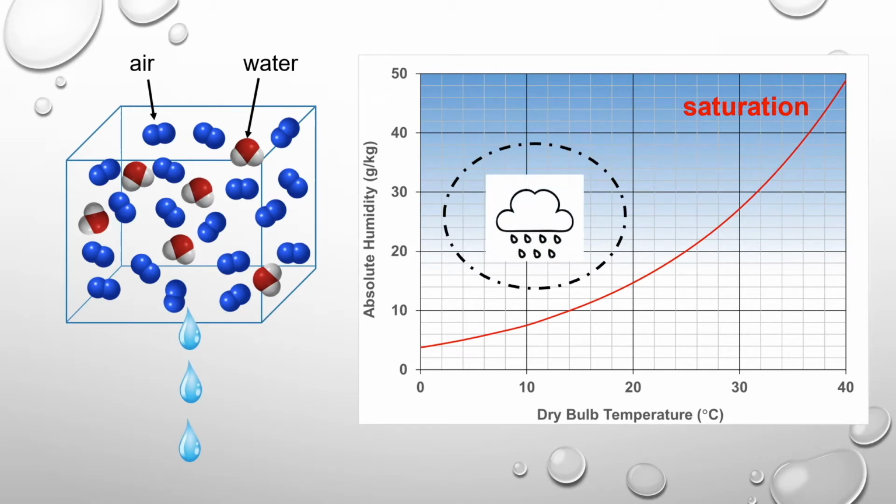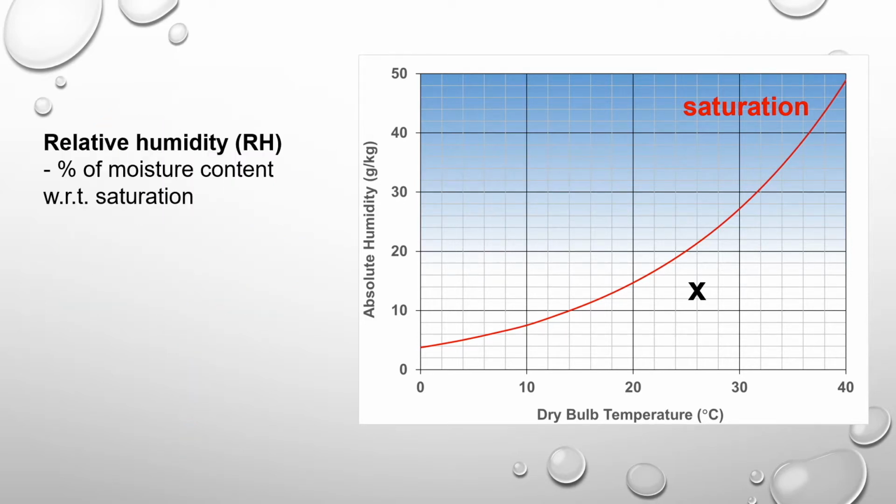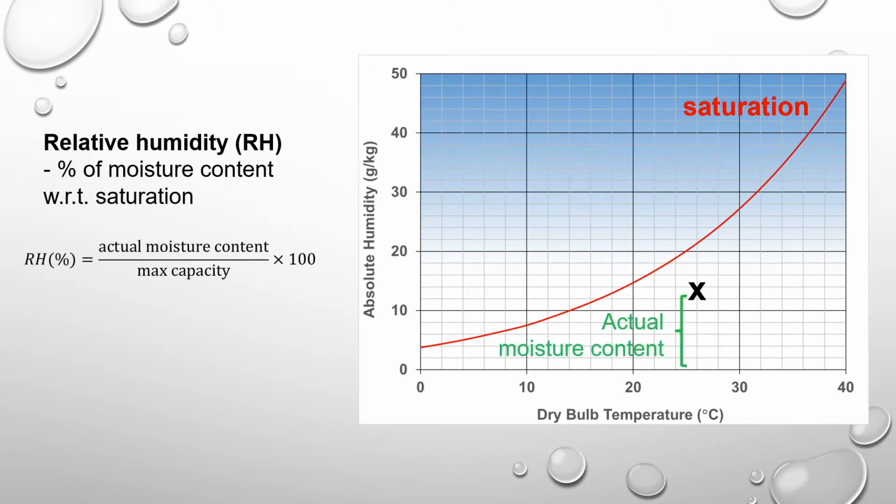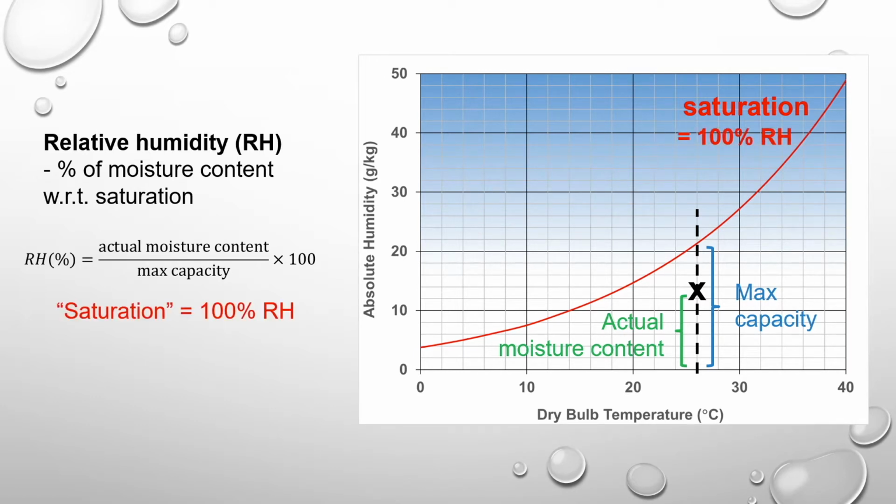But if the amount of moisture in air is less than saturation, we can represent it as relative humidity, which is the percentage of actual amount of moisture with respect to the maximum capacity at that temperature. So by definition, saturation means a relative humidity of 100%. Now let us see what is the relative humidity of a moist air specified by state A here.